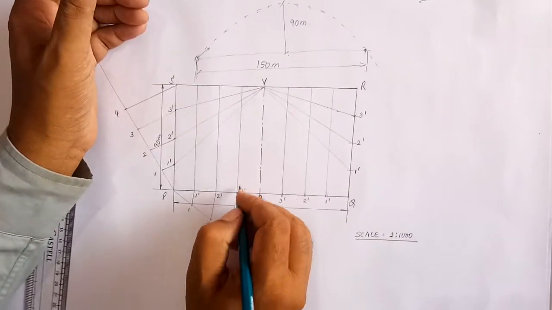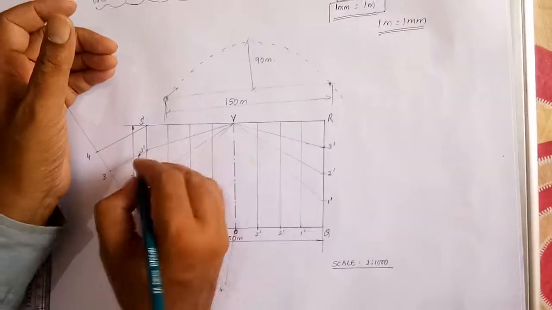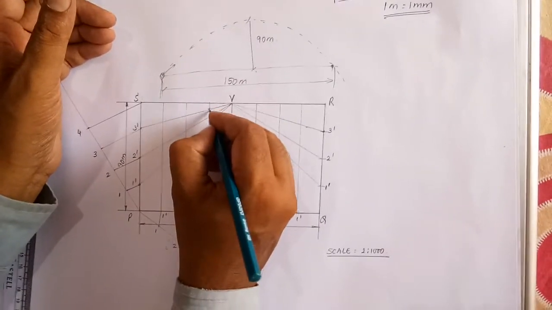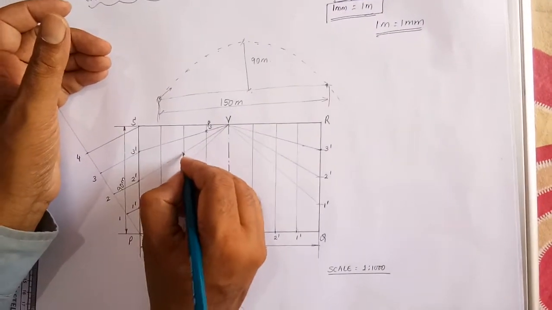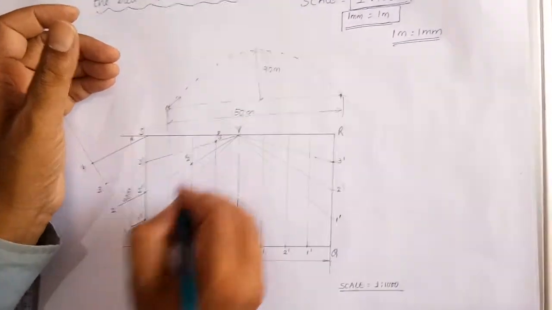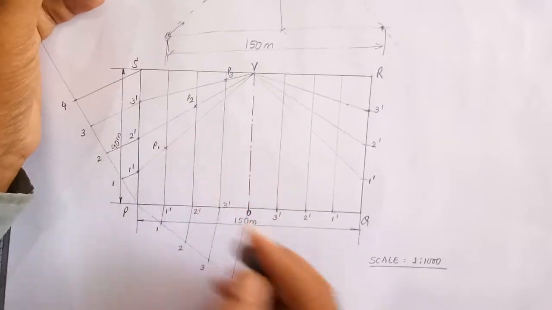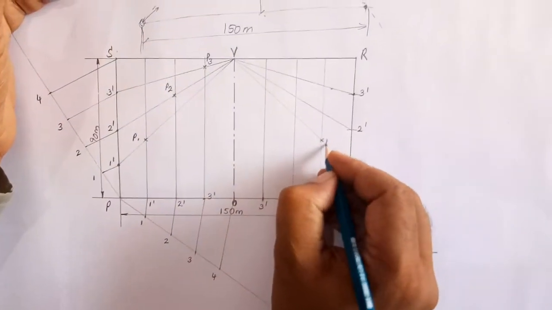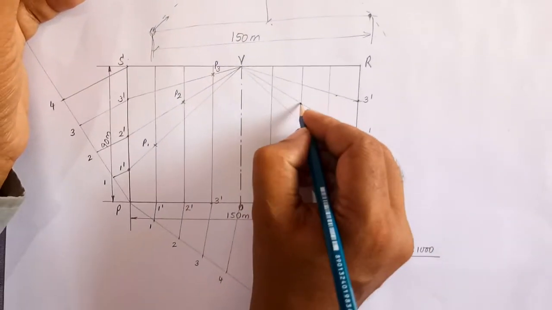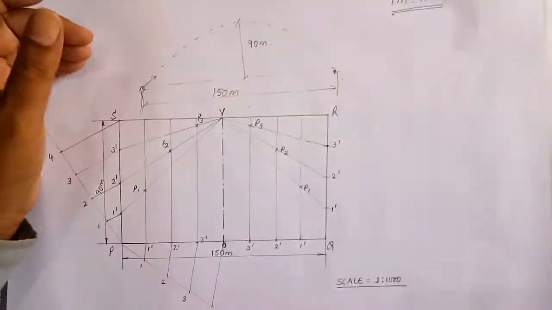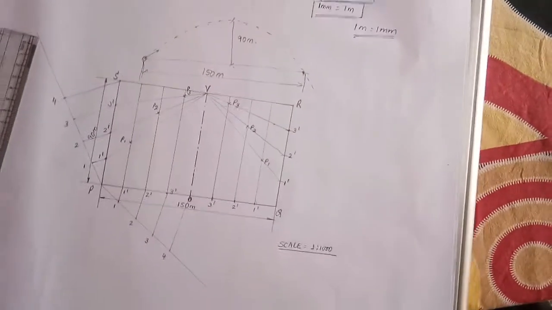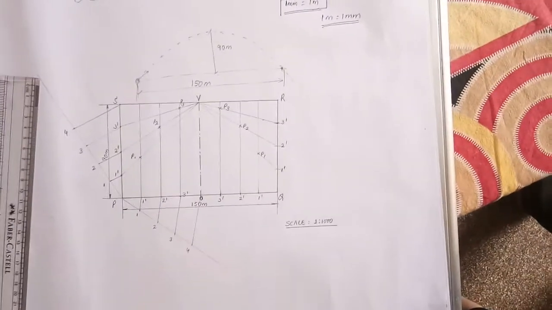Now locate the points. 3 dash and V3 dash, they are meeting at one point, call this as P3, this will be P2, this will be P1. Similarly this side, this will be P1, P2, P3. Now join all the points by means of a smooth curve.